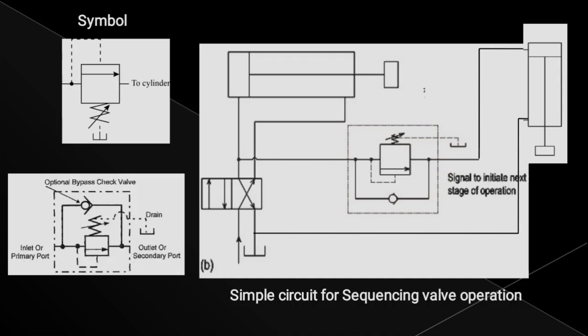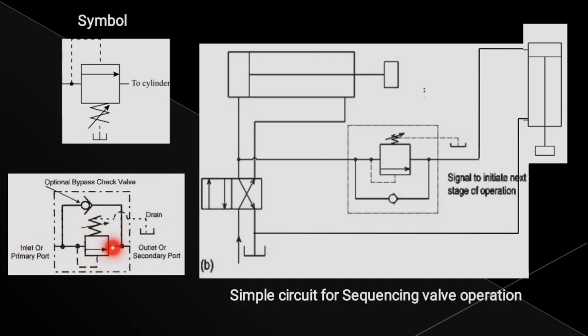Whatever liquid comes back here will push here and be transferred back through this check valve. The check valve opens and the liquid is transmitted back. Like that, the sequencing works here. This is a simple circuit where a bypass check valve is provided.